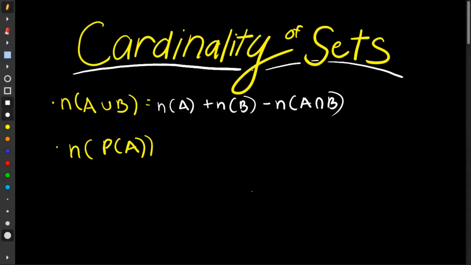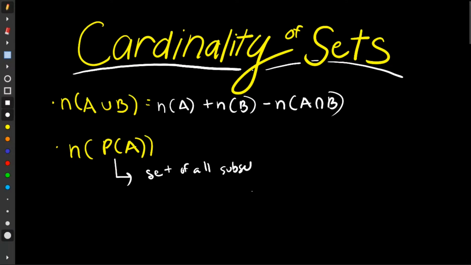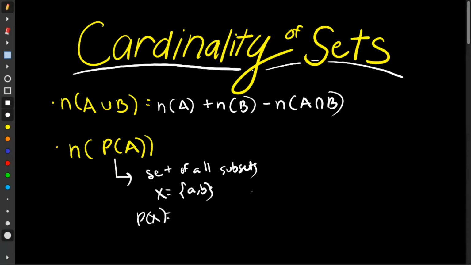Next is the cardinality of the power set of A. The power set of A simply refers to the set of all subsets. So if we're given again the set X containing a, b, its power set is first the empty set, since the empty set is always a subset of any set. We also have X, since X is always a subset of itself.